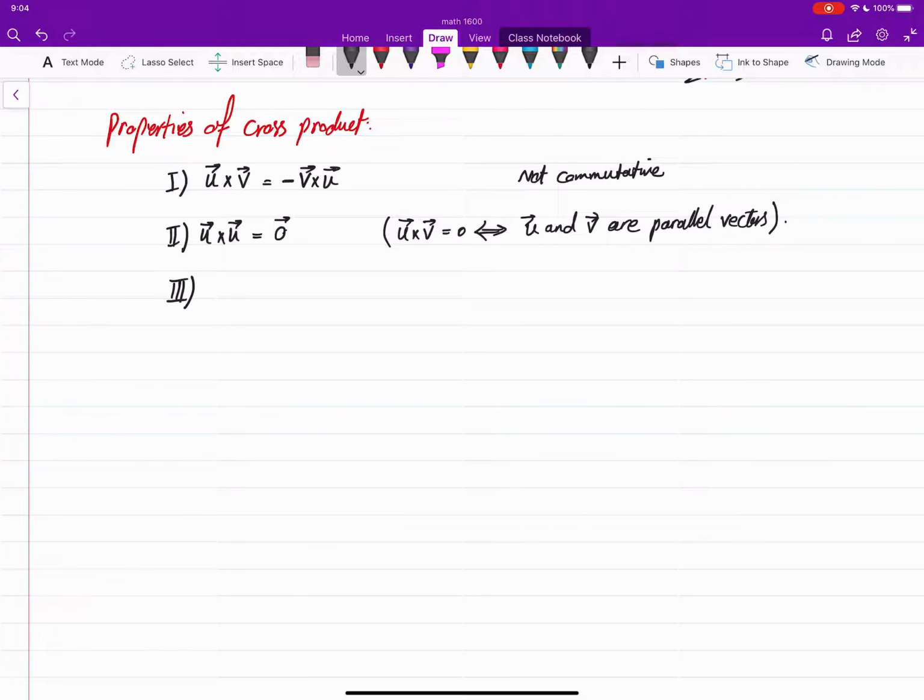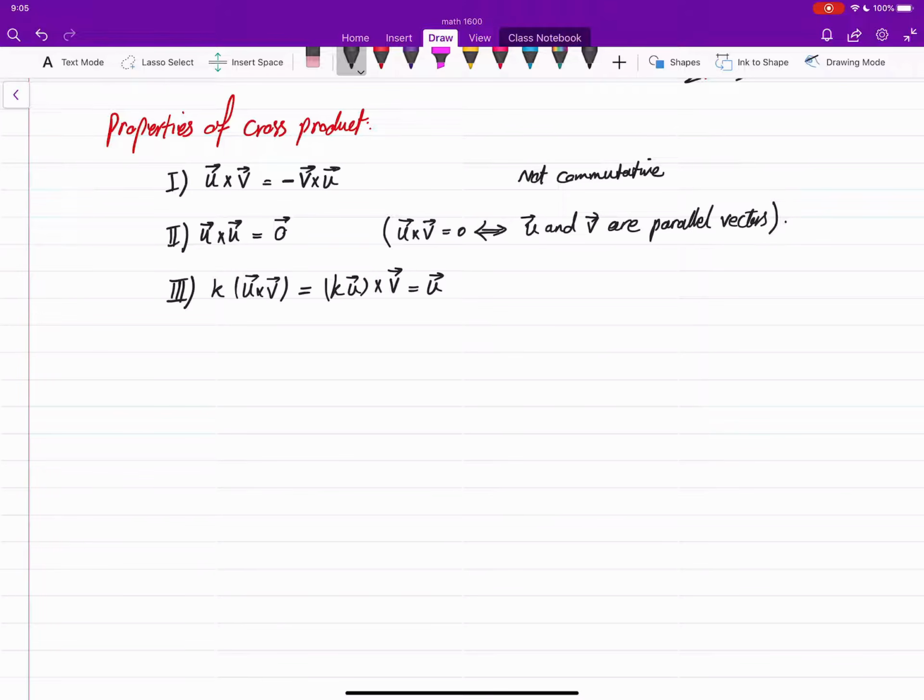Now we will start seeing the relation between the cross product and other products, because we have scalar multiplication, vector sums, and the dot product. We have to see what the relation is between these. When you have u cross v, you can scalar multiply it by k. The result will be the same as if you first scalar multiply u by k and then take the cross product with v.